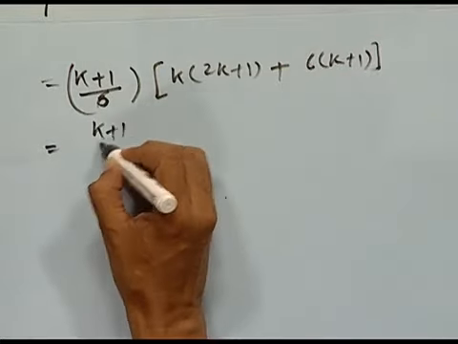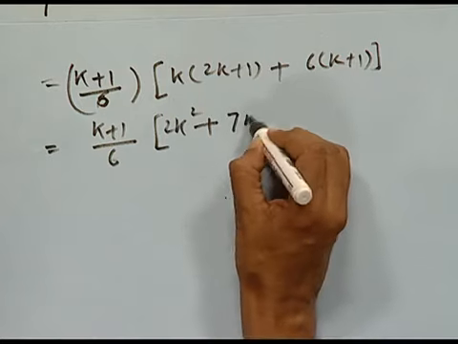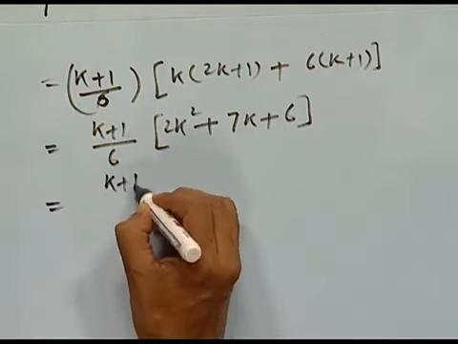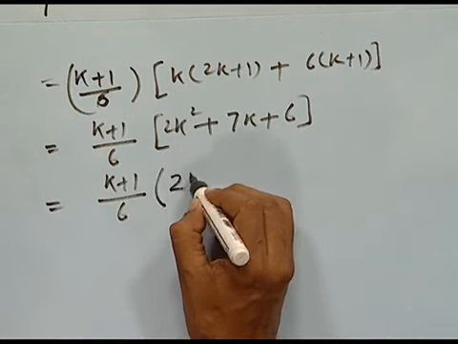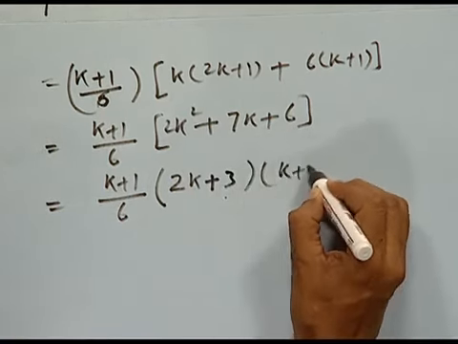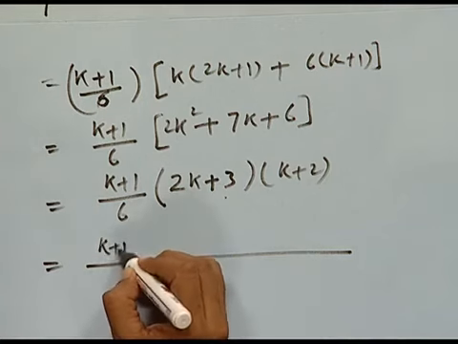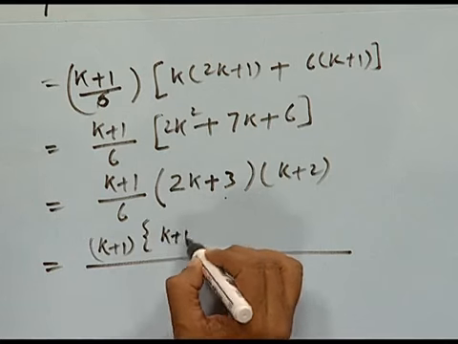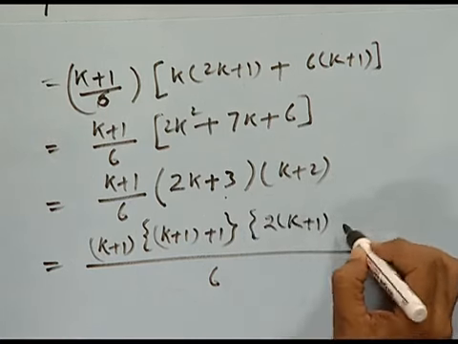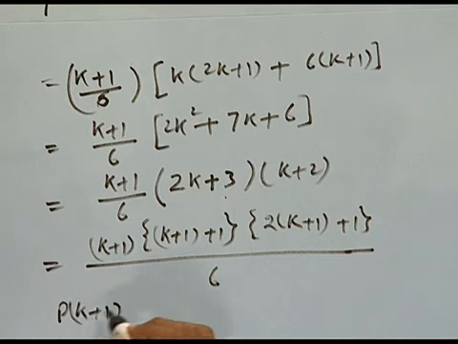This makes (k+1)/6 times (2k² + 7k + 6), which equals (k+1)/6 times (2k+3)(k+2), which can be arranged as (k+1)(k+1+1)(2(k+1)+1)/6. Thus, P(k+1) is true.